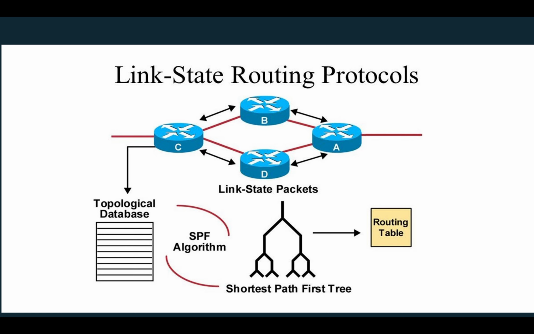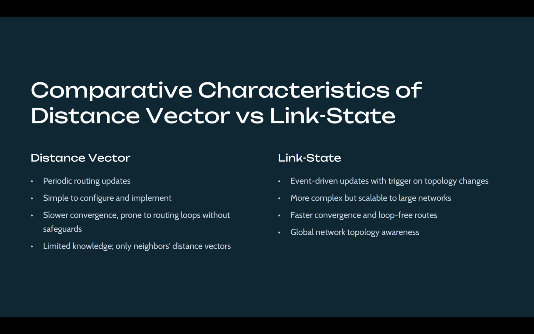So if we compare both of them, distance vector is periodic routing, giving routing updates in a periodic manner, whereas in link state, event-driven updates trigger on topology changes. Distance vector is very simple to configure and implement, whereas the link state method is more complex but scalable for a large number of networks.